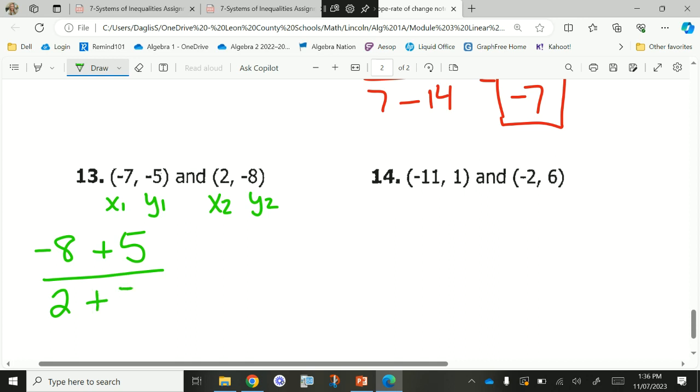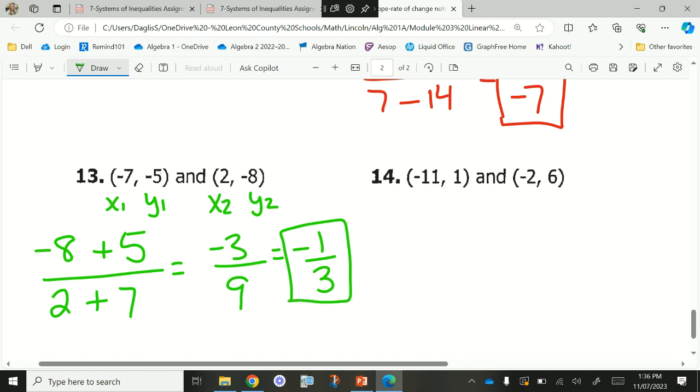Which makes it a +7. Good. So my denominator is 9. What's my numerator going to be? -3. Can this fraction reduce to what? -1/3. So the denominator is bigger than your numerator. So when you reduce, make sure it stays that way.